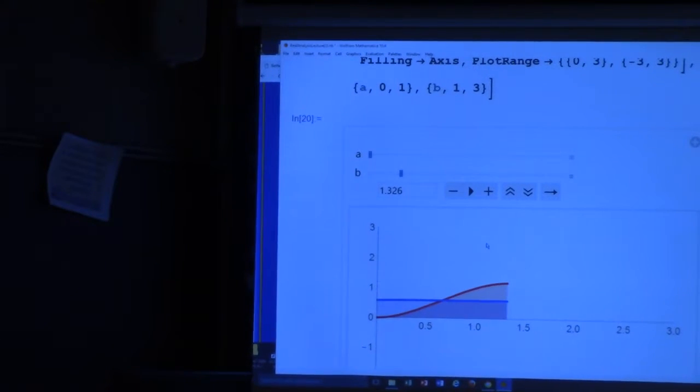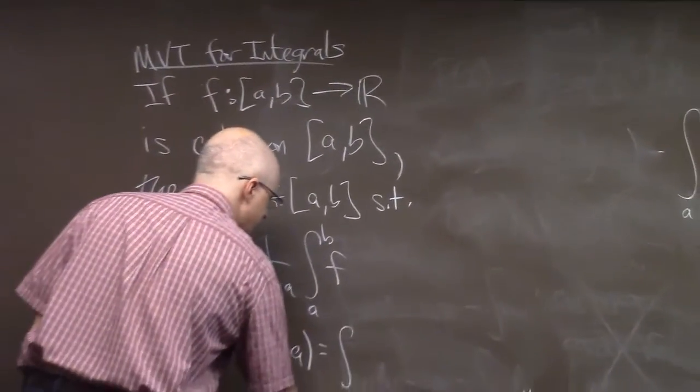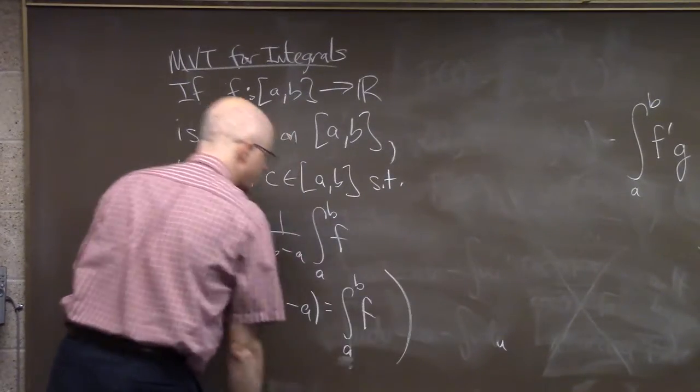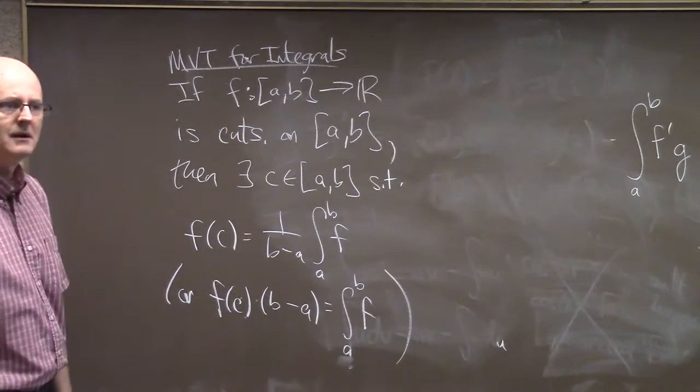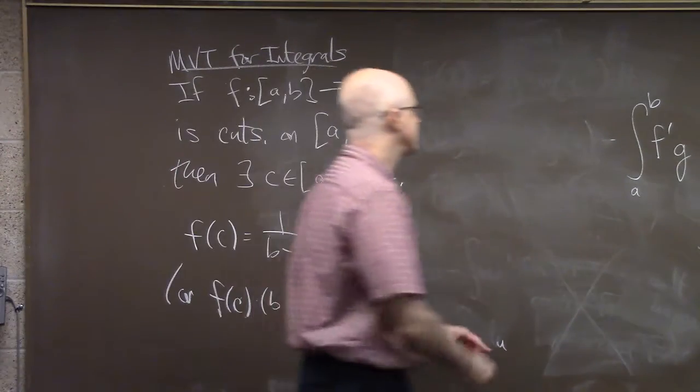There is a c such that f of c equals 1 over b minus a times the integral of f. Or f of c times b minus a equals the integral of f. Proof of this is not too hard, actually. Use the fundamental theorem of calculus.